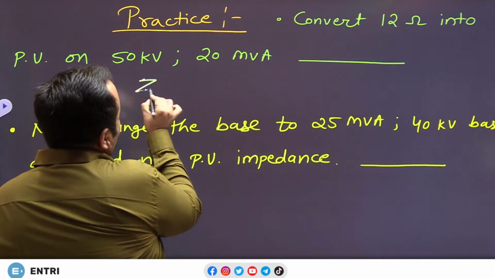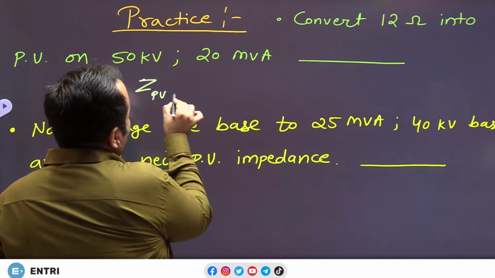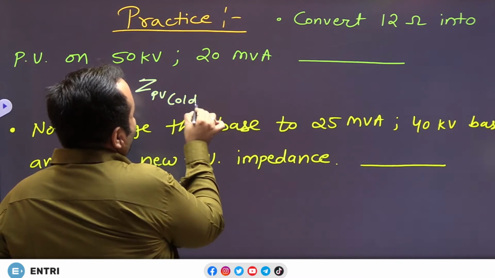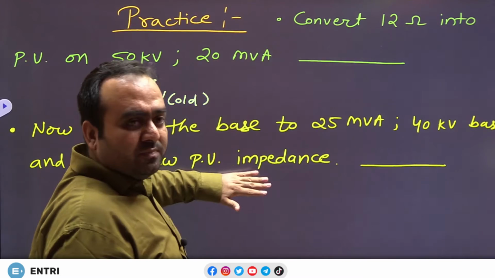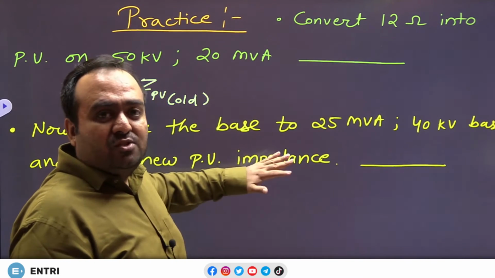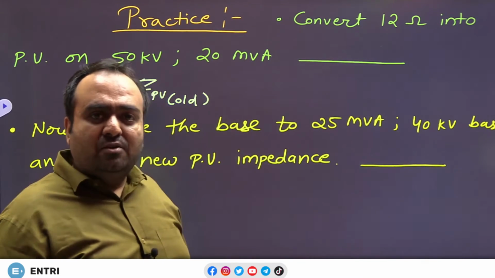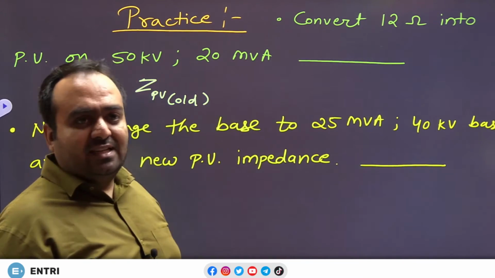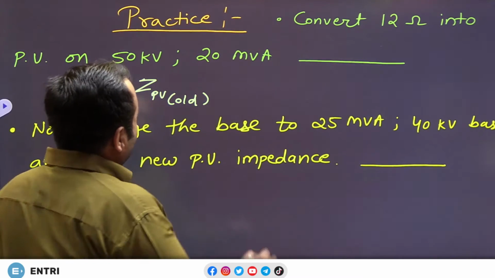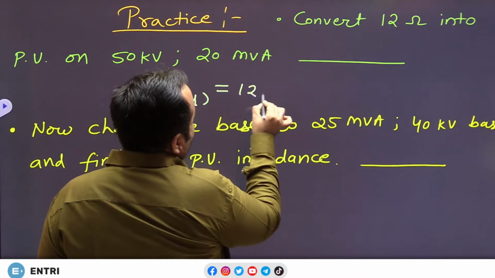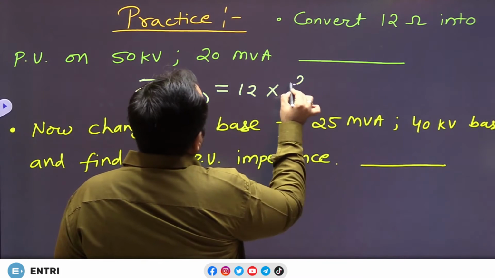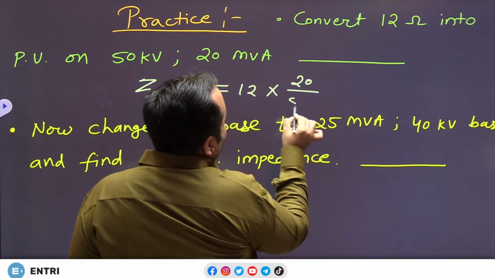Is it okay? So how will you do the first part? Let me call it Z per unit old. Sir, why old, sir? Because I will change the values to newer values. So the second value I will call the new value, and the first value I am calling the old value. You can also call it Z1, Z2 or something like that. So the old per unit value is actual value into 20 by 50 squared.